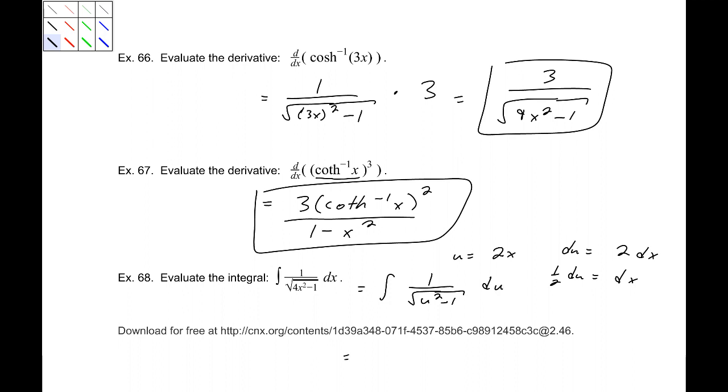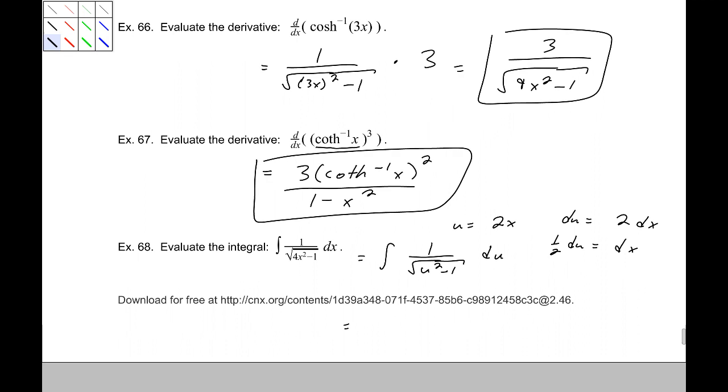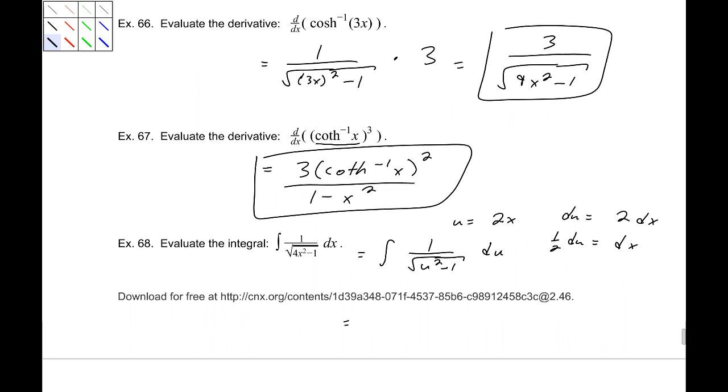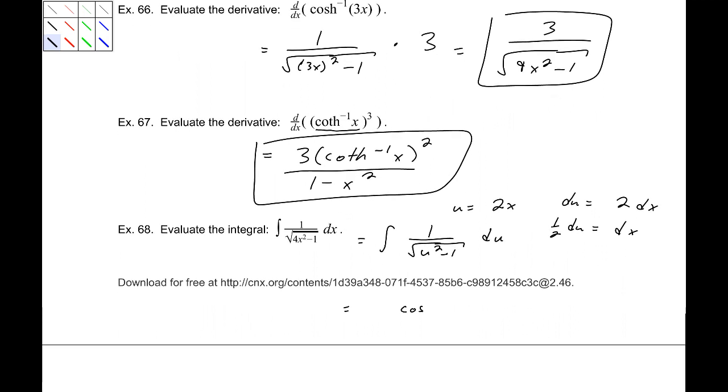Now, based on those formulas, that should be hyperbolic cosine inverse of u, which is 2x. And because of the 2x, we get a factor of 1/2 out here.